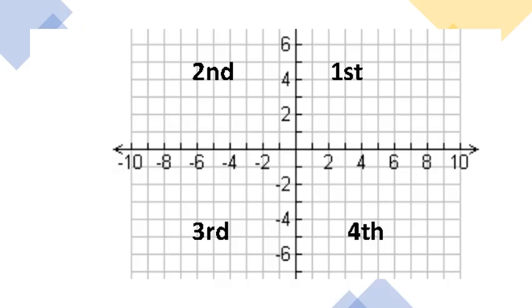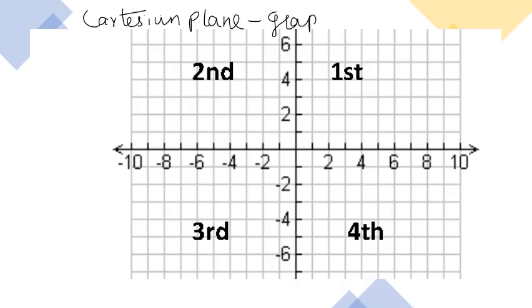Here we recall what we learned in previous years: the Cartesian plane. What is meant by the Cartesian plane? The Cartesian plane is nothing but a very simple graph sheet.